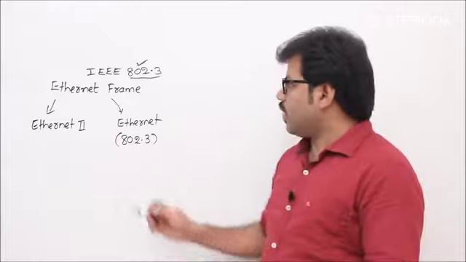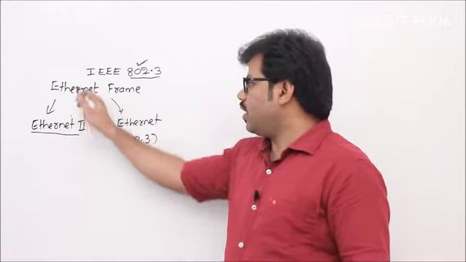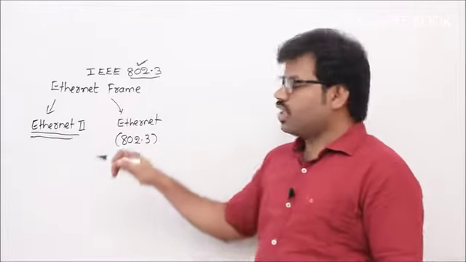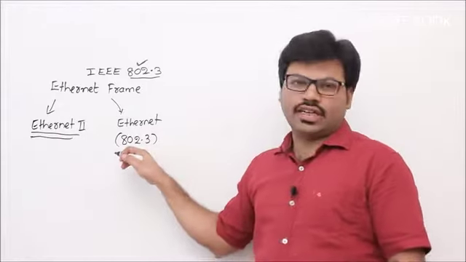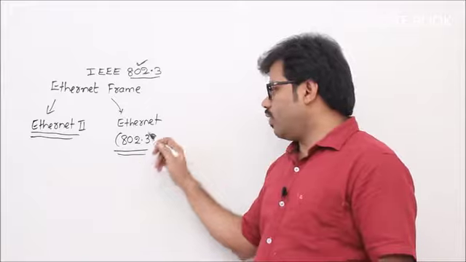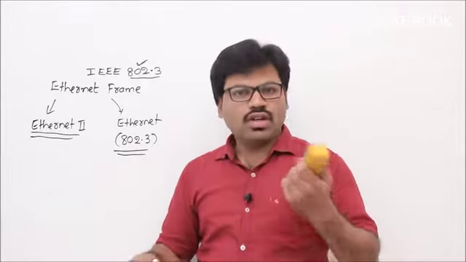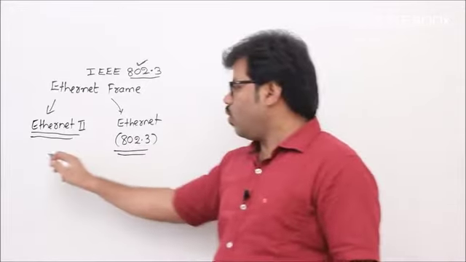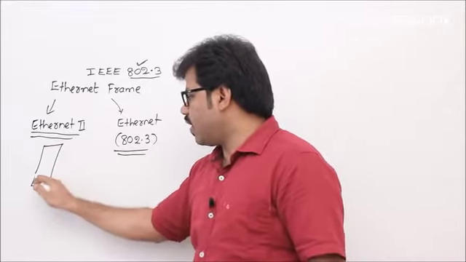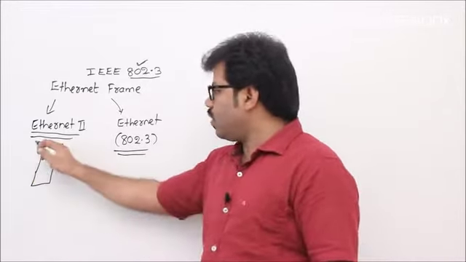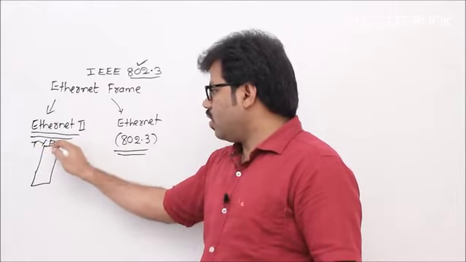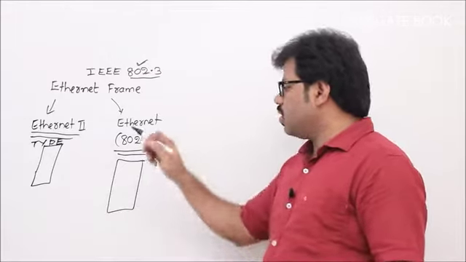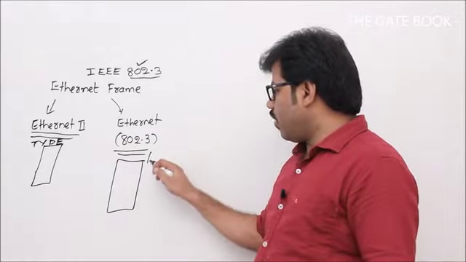Remember it. That's why whatever you have studied so far about the Ethernet frame is actually the old standard Ethernet frame. There is no difference between the old standard and the new standard with respect to the frame, so there is no problem. The only field which has a difference is the type field. In the old frame, we used to have a type field. Now in the new Ethernet frame, the type field is modified to a length field.